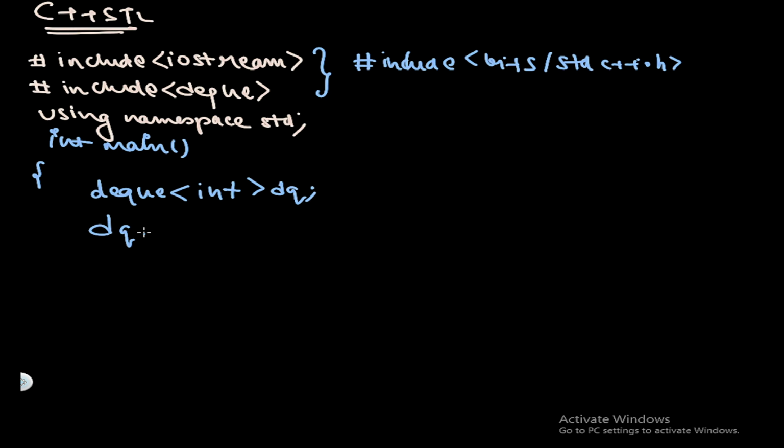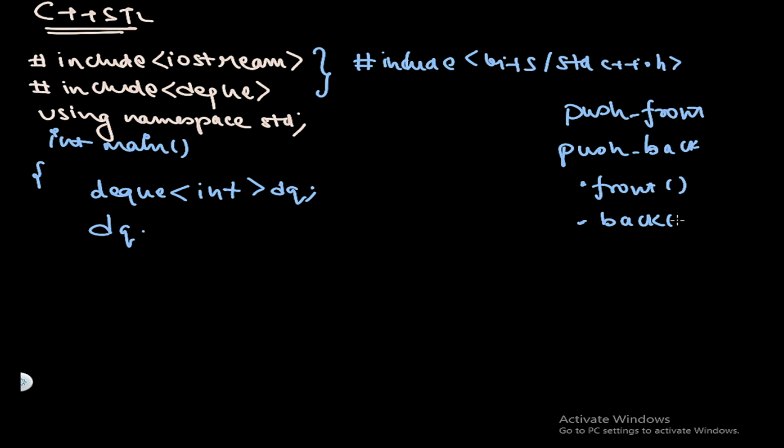So now we can say dq dot, there are various functions. Let me write the functions. One is push_front, another is push_back, we have front, we have back, and then we also have pop_front and pop_back.